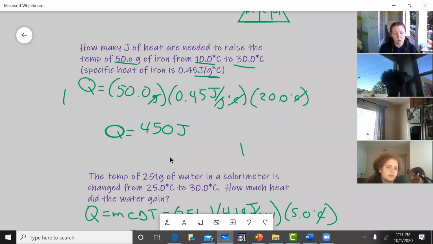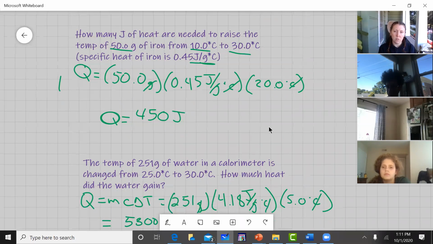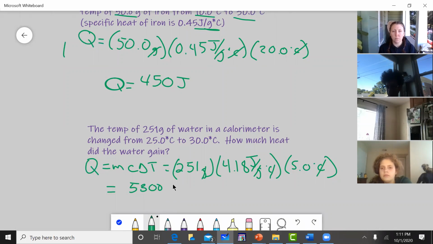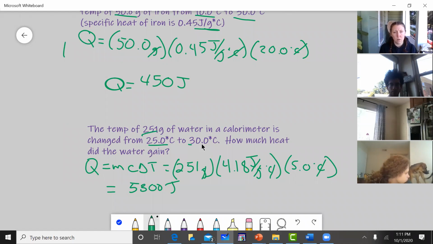So I rounded it to 2 sig figs. Make sense? Whoever asked, I don't know who was asking. Okay, cool. So if you're ever wondering why I rounded it to that, I'm just looking at the given information and going off of that.